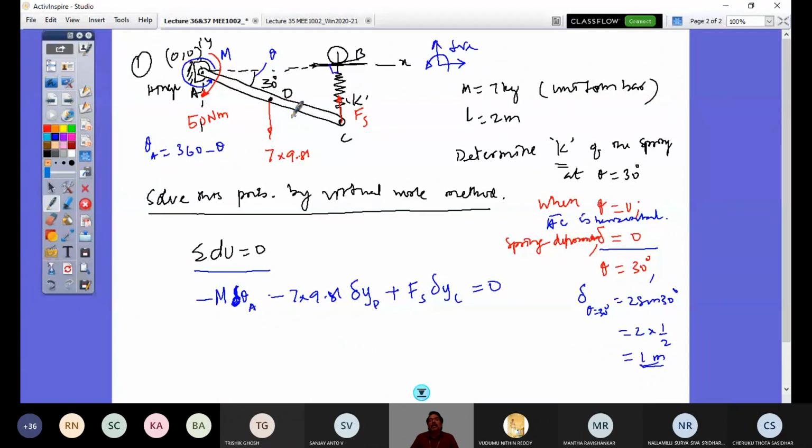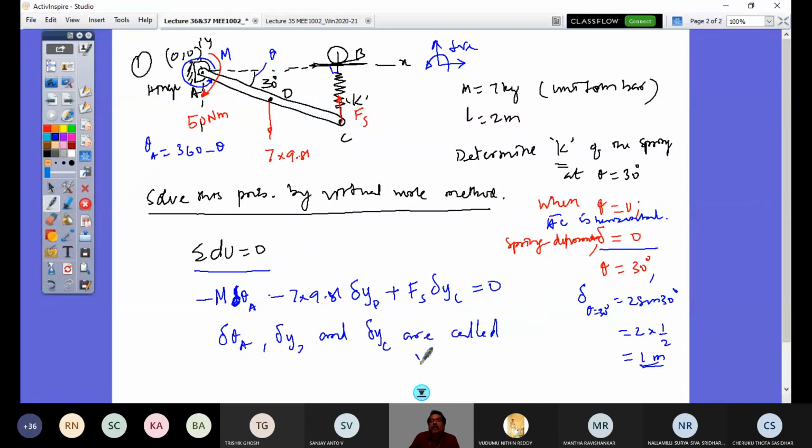Then you work out the expression of work and add all of them, and that is supposed to be 0 because there is actually no displacement. That is why these displacements are called virtual displacements. So what are those virtual displacements? Delta theta A, delta YD and delta YC are called virtual displacements.